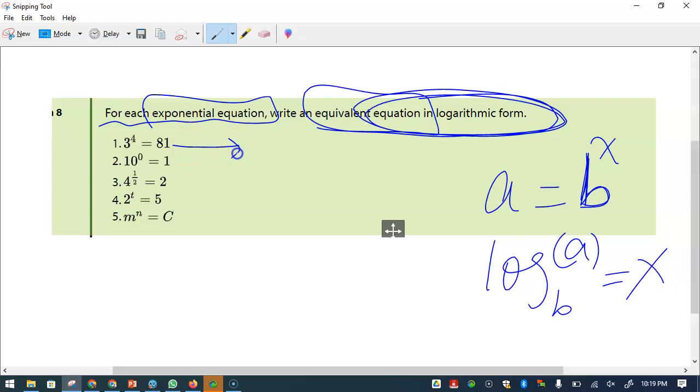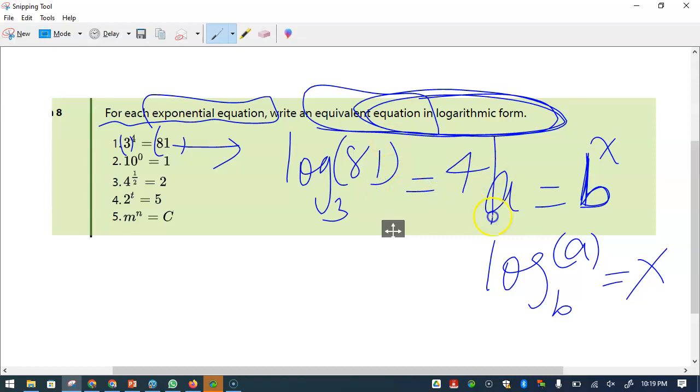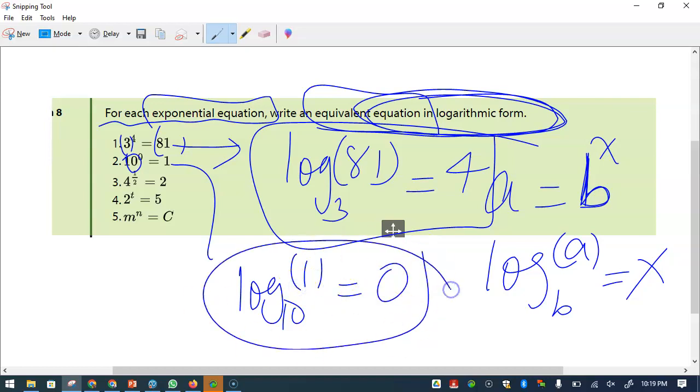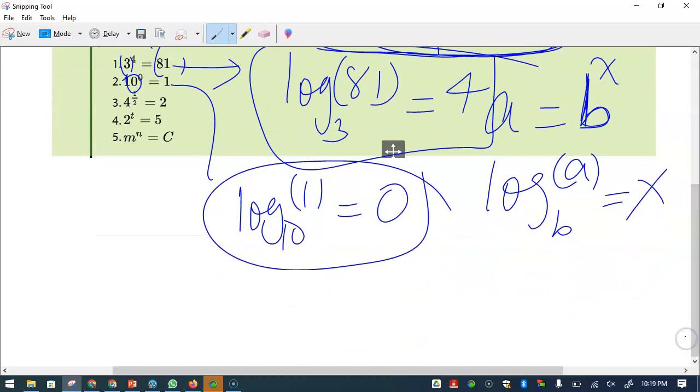So the first one, 3 raised to 4, it means logarithm with base 3, so 3 goes down, of 81 equals 4. It's the same thing, see? The next one, logarithm with base 10, there's 10, of 1 is 0. So these are called writing in the logarithmic form.